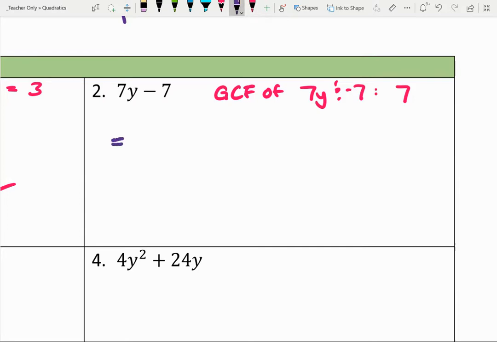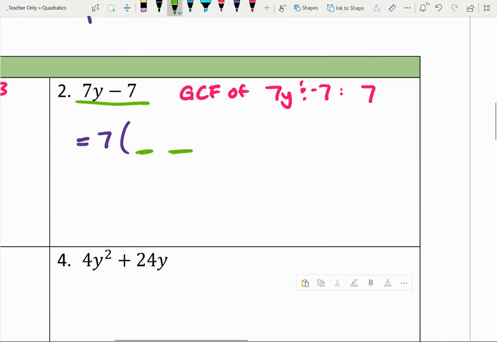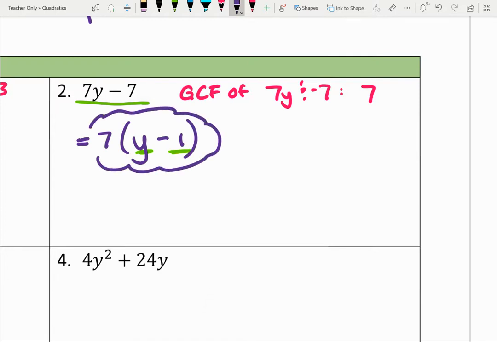So when I factor this, I'm going to bring my greatest common factor out in front, and then I'm going to open my parentheses to think about my leftovers. Another way to think about this is what would I have to multiply by to make my original expression? So for instance, 7 times what makes 7y? Well, 7 times y makes 7y. Then 7 times what makes -7? Well, -1. So we get a factored version of 7 times y minus 1.